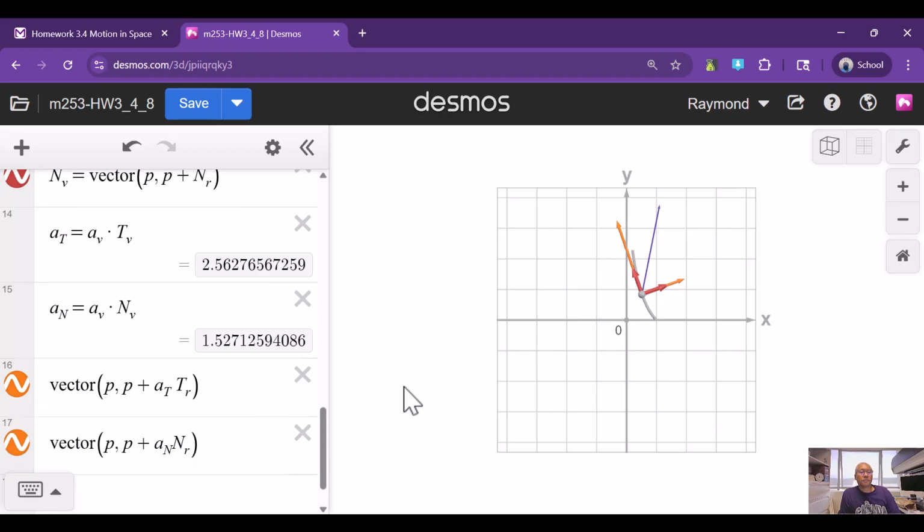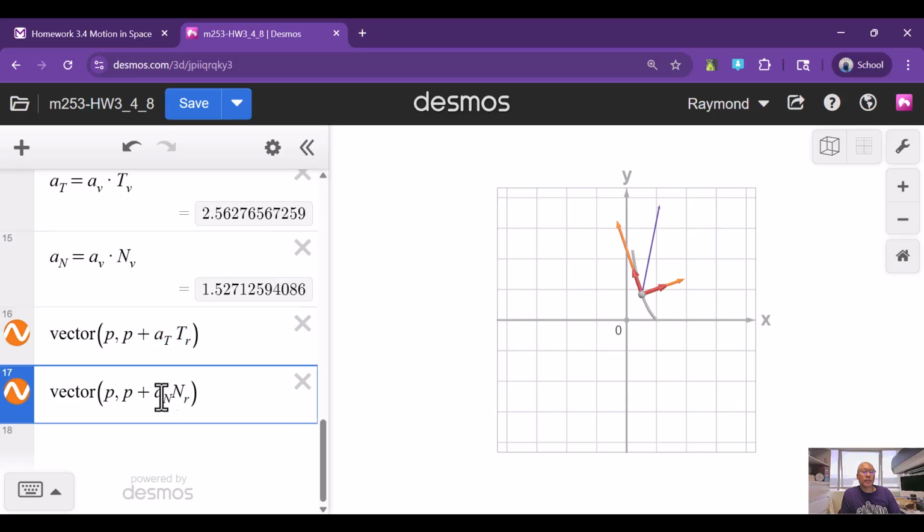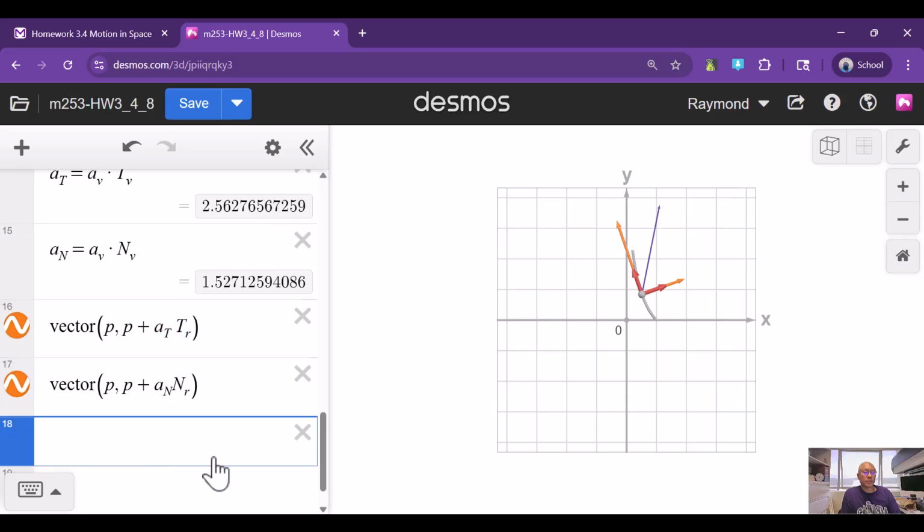So that's it. And then if you were to take a sub t and a sub n, that should be your acceleration vector. So I'm running out of letters, so I'm going to call this a sub z, equal to a sub t times t sub v. Maybe I can do the vector.